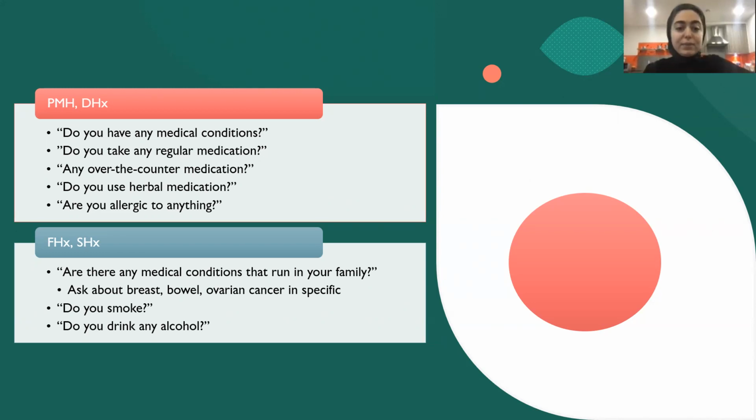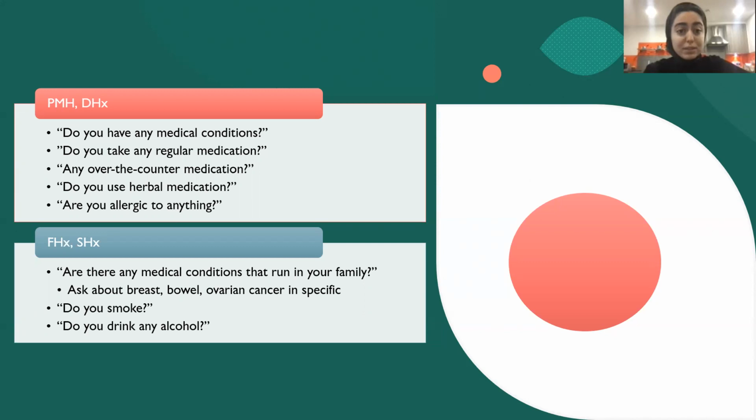Now, even if the patient told you that they do not have any medical conditions or they do not use any regular medication, still specifically ask about over-the-counter medication. Patients sometimes forget to mention that because they think these are not important as they're not prescribed.